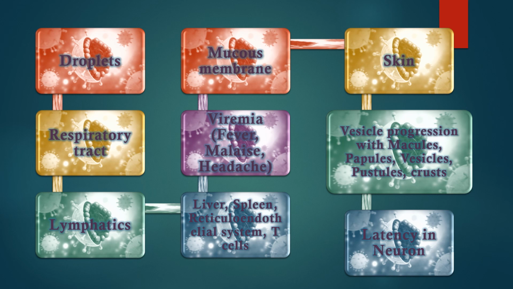The virus infects the T cells, and the T cells bring the viral particles to the skin and it acquires the skin epithelial cells, and the virus overcomes inhibition by the interferon alpha, and due to this the vesicles are produced in the skin, and the lesions are identified as macules, papules, vesicles, pustules, and crusts.